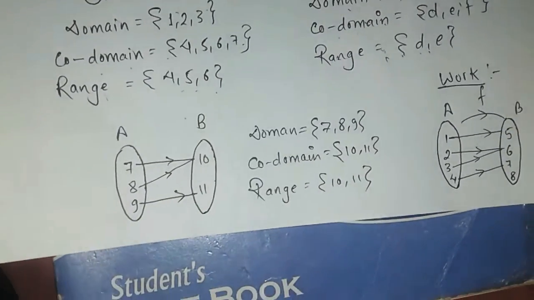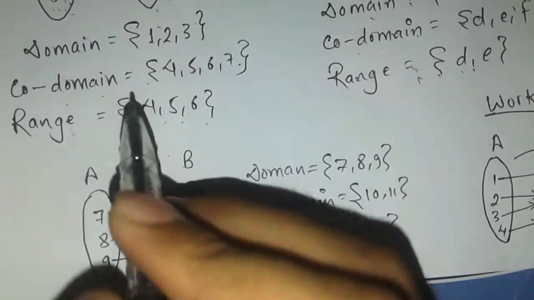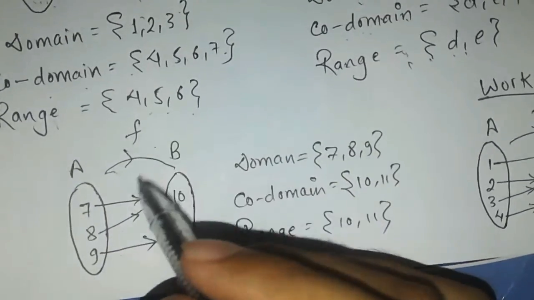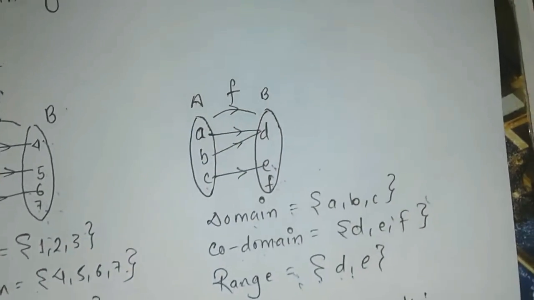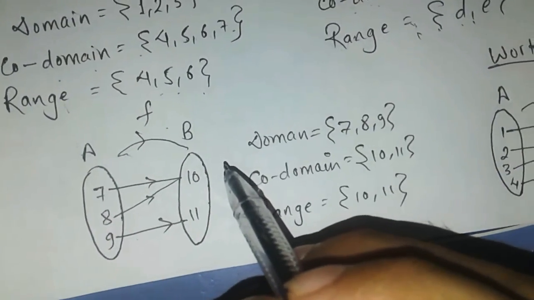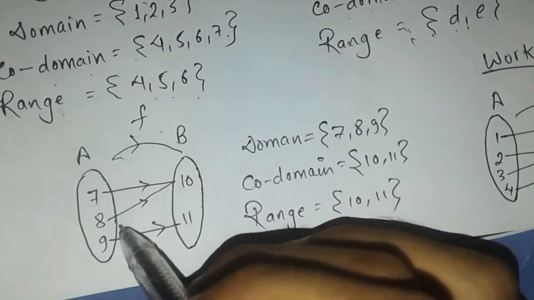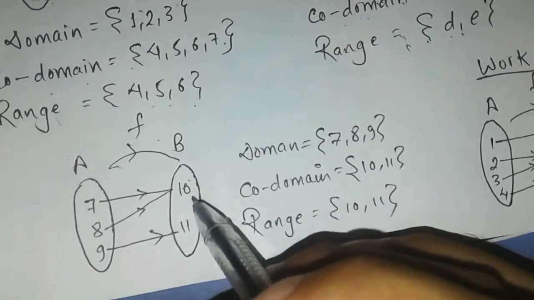Now we'll go with another, last example. We have A and B, and it is a function. 7, 8, 9, the same type of figure, but with a little difference, just to show you some uniqueness. And 10, 11. Domain, all the x component, is 7, 8 and 9. Codomain is 10, 11, all the y component.